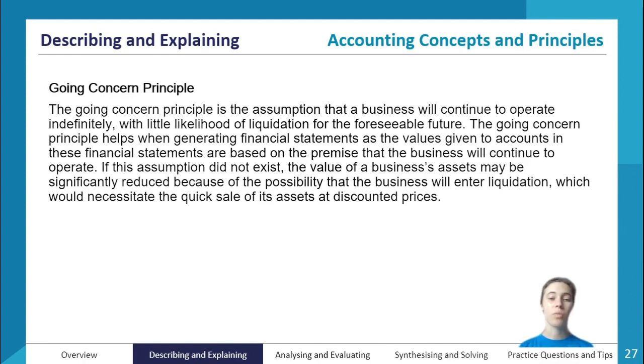So this idea is assuming that the business is going to keep on operating. So you've got this standard way that all of the assets are going to be treated like they would be worth their full amount.